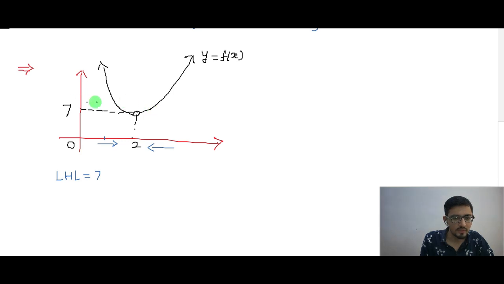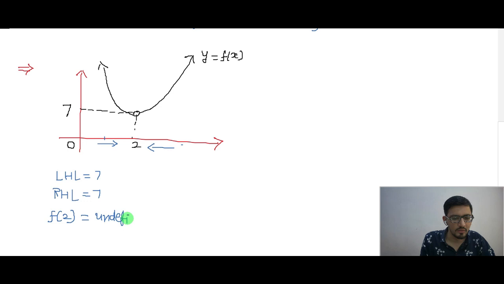So this is some value which is above the 7, as you can see. So we can understand that if x is approaching to 2 from the right side, corresponding y is approaching towards 7. So for this function, RHL is what coming? 7. And if I am asking what is f of 2 here, so f of 2 answer will be what?